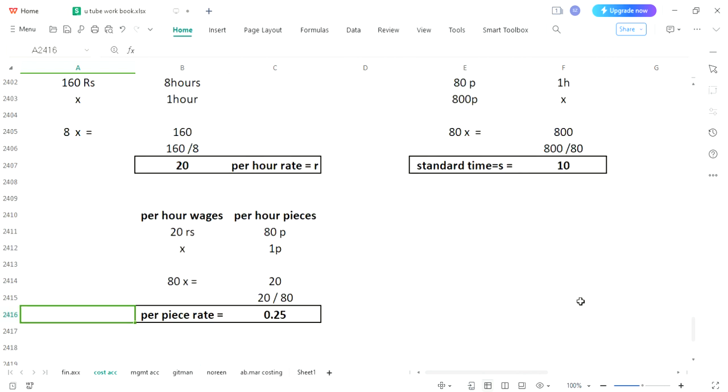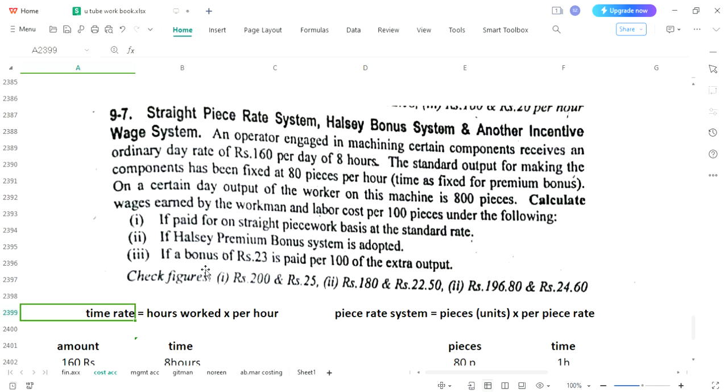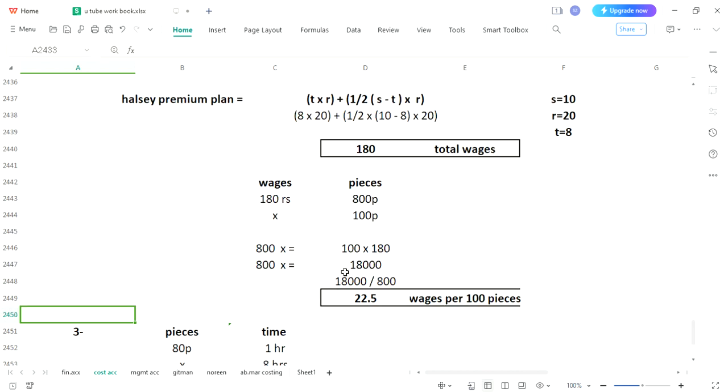Let me read it again. If a bonus of 23 is paid for 100 pieces, 160, 36.8. Okay, we were actually looking at the wrong answer.